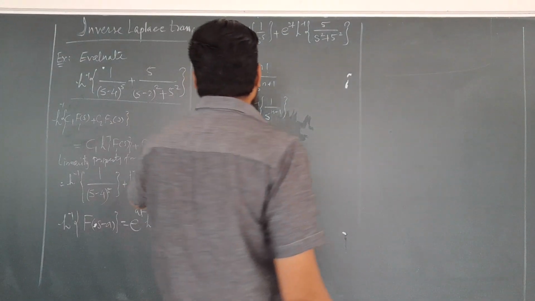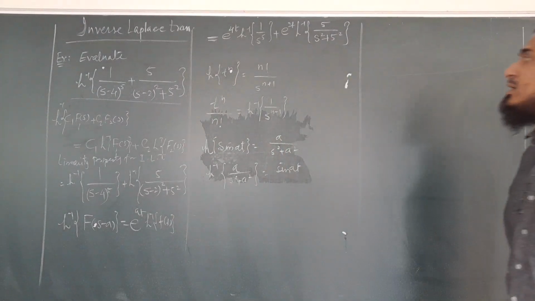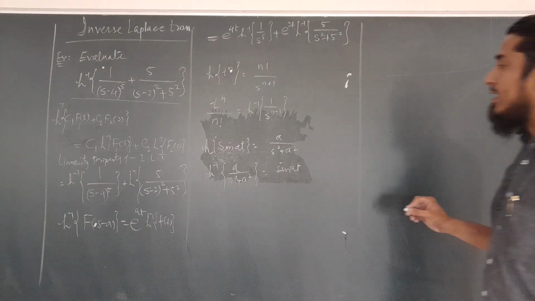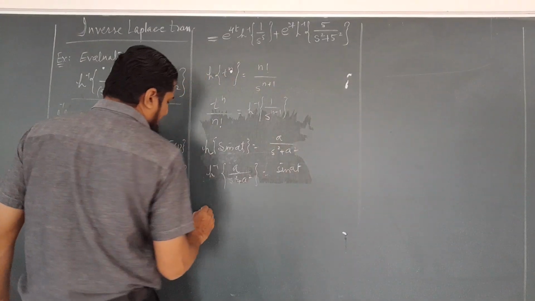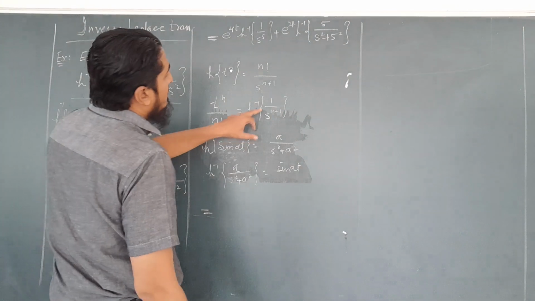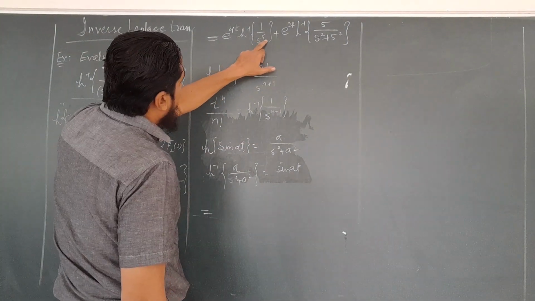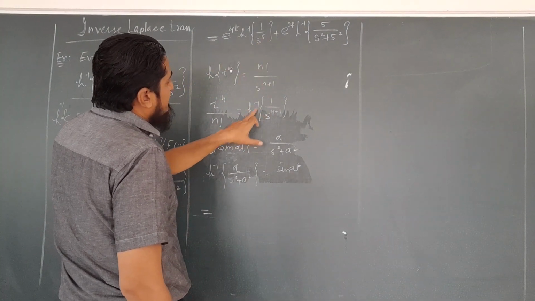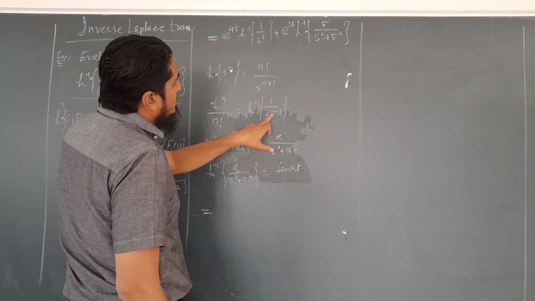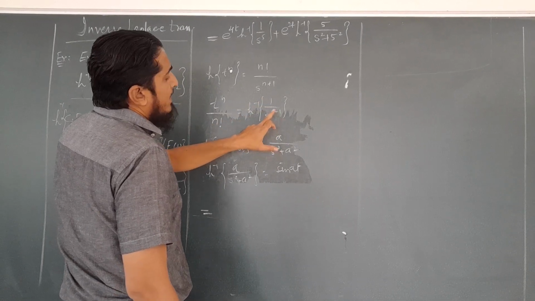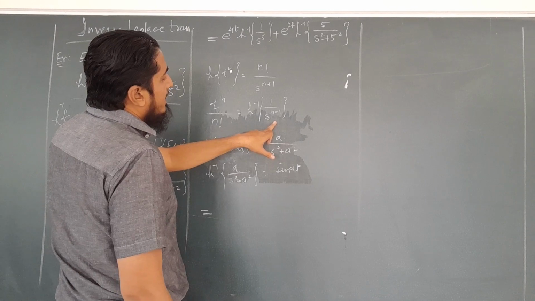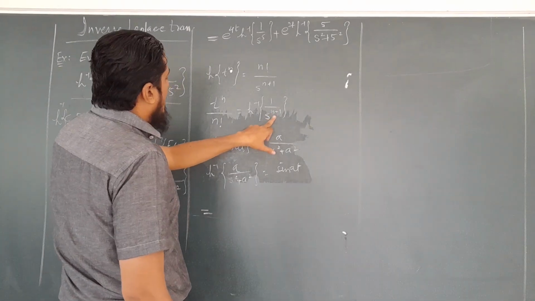Now by using these formulae, we will try to solve this equation. We have s raised to 5, and the inverse Laplace transform of 1 upon s raised to n plus 1 is obtained by reducing the power by 1.